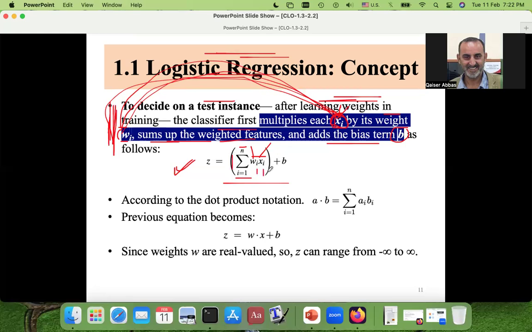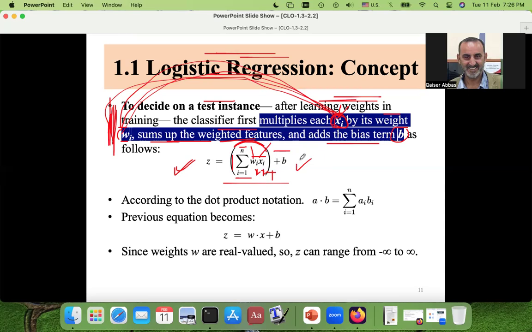Due to this sigma, it would be plus, and then w2 x2, multiply and then add, and then plus, and then i would be 3, and in this way w3 x3, that is easy. So we will multiply and then we will sum them up. And then finally we will add the bias into it. So this whole theoretical understanding, we are writing it in the form of a mathematical equation, for the beginning.